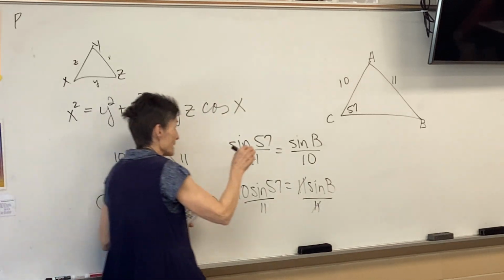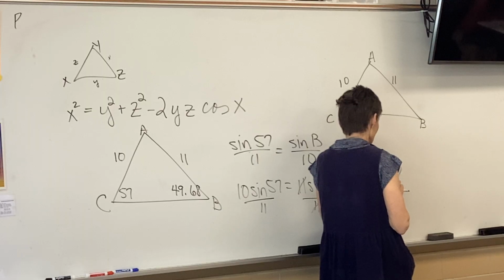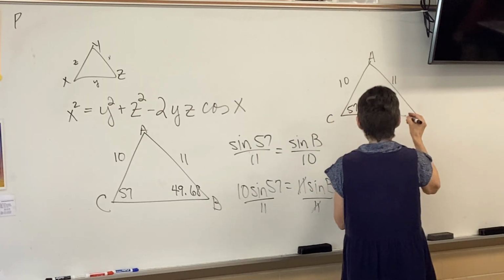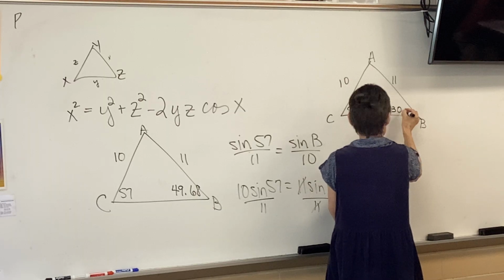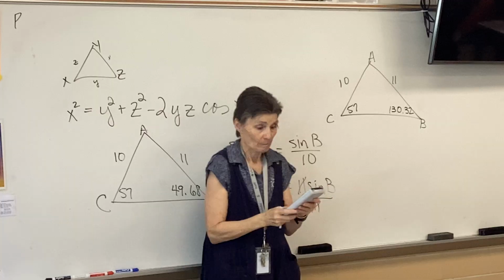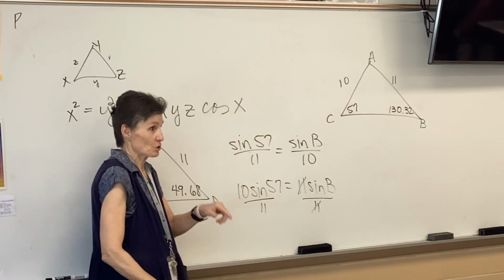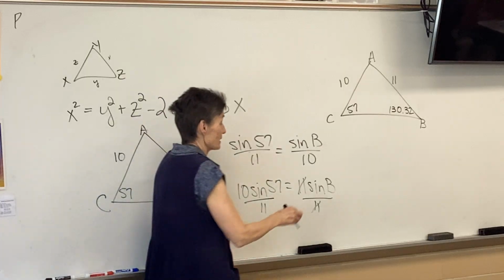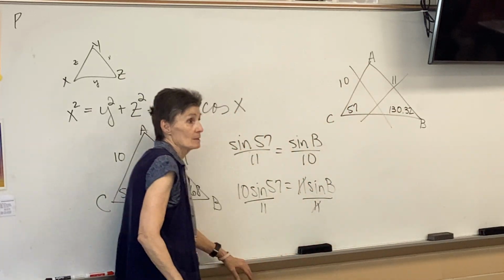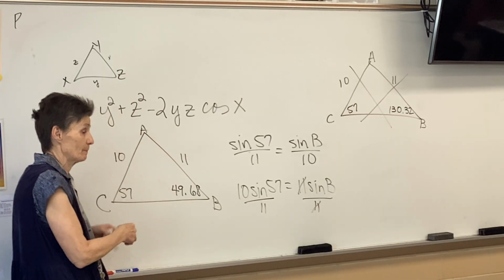What would the other angle B have to be? 180 minus that, which is 130.32. We dodged a bullet, because that one won't exist, will it? So we only have this triangle to solve.